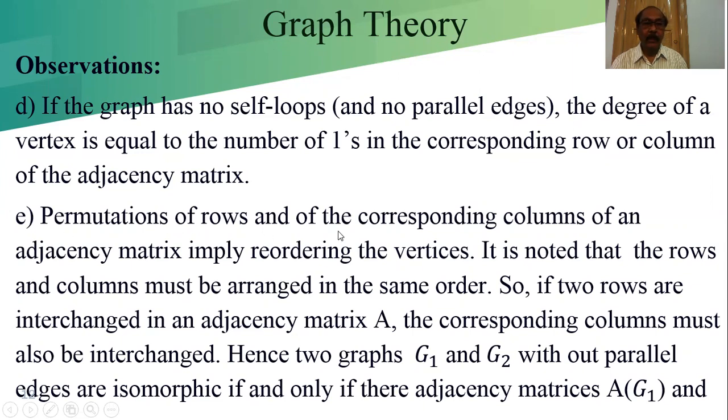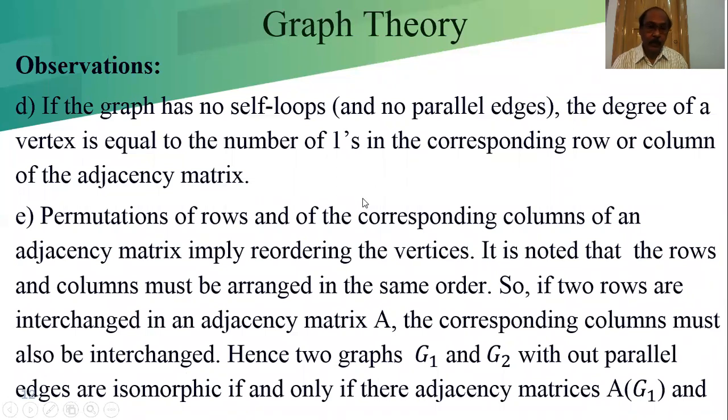Permutation of rows and of the corresponding columns of an adjacency matrix implies reordering the vertices. That means if we interchange column to column or row to row, that means reordering the vertices; the names are changed. It is noted that the rows and the columns must be arranged in the same order. So if two rows are interchanged in an adjacency matrix A, the corresponding columns must also be interchanged.